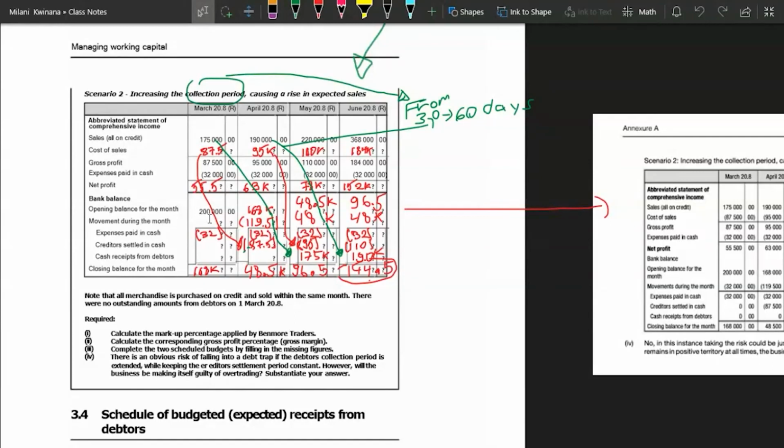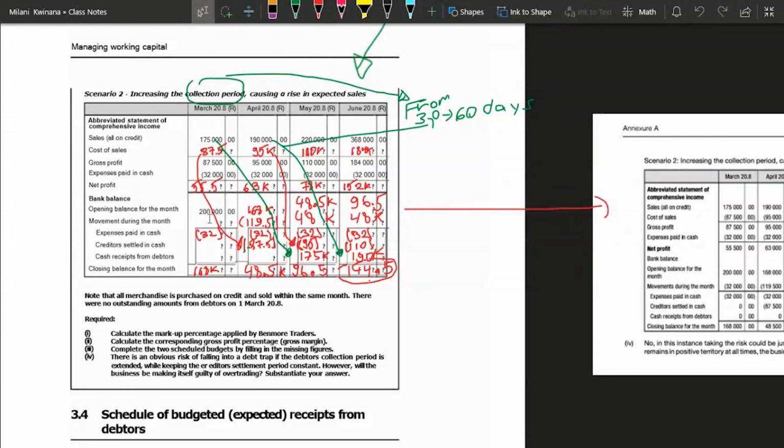Sir, when they mean movement during the month, do they mean the cash flow, the actual money moving in the business? Yes. They mean exactly what you say. They mean the cash flow. Is money coming in or money leaving? Oh, okay, I see.